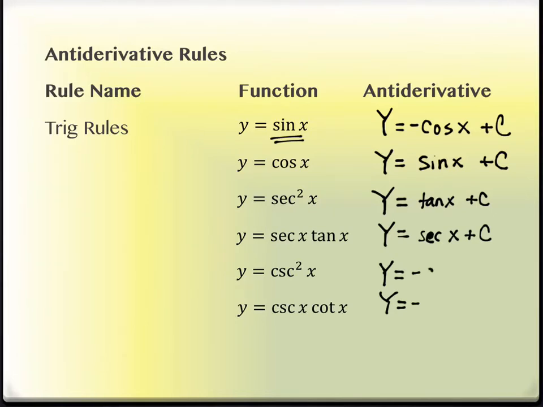Cotangent. And the sign has to switch, so it's negative cotangent. And whose derivative is cosecant cotangent? Cosecant, right? Yeah, cosecant. And again, the sign switches, so I need the negative to represent that I'm going to switch the sign when I take the derivative, to take the antiderivative.